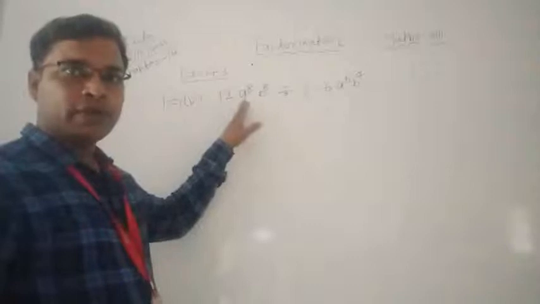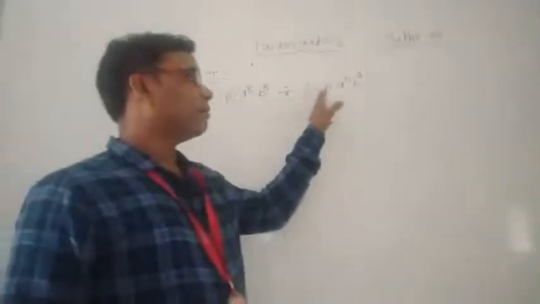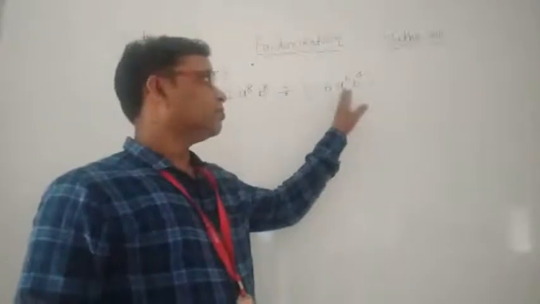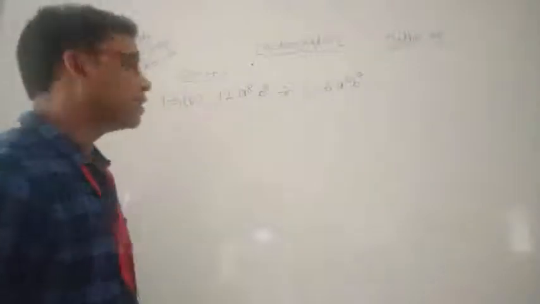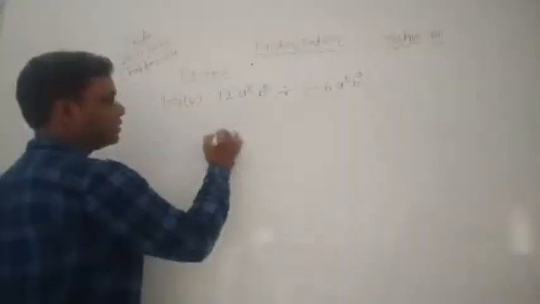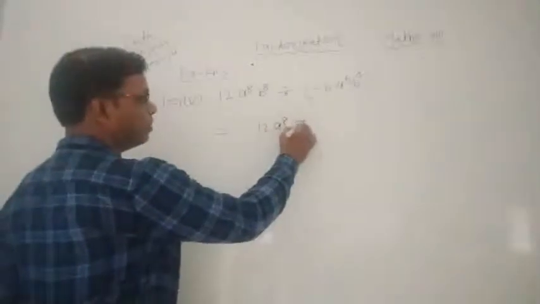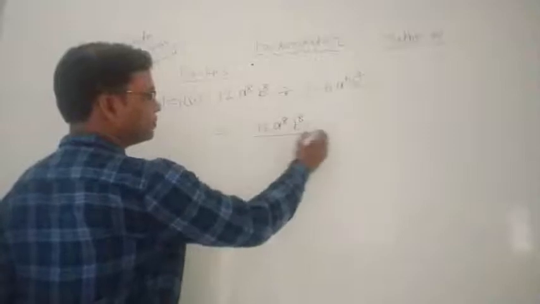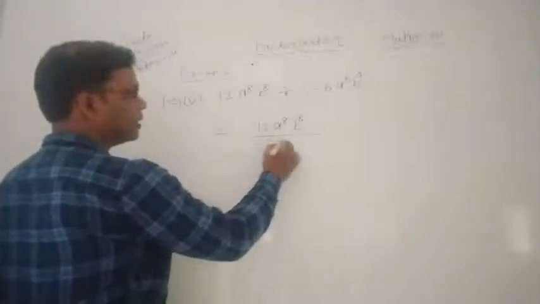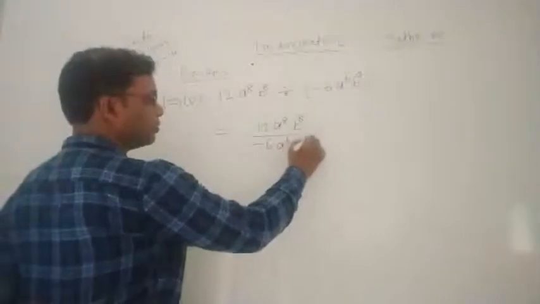12 a to the power 8 b to the power 8 divided by minus 6 a to the power 6 b to the power 4. So you can write it like this: 12 a to the power 8 b to the power 8 divided by minus 6 a to the power 6 into b to the power 4.